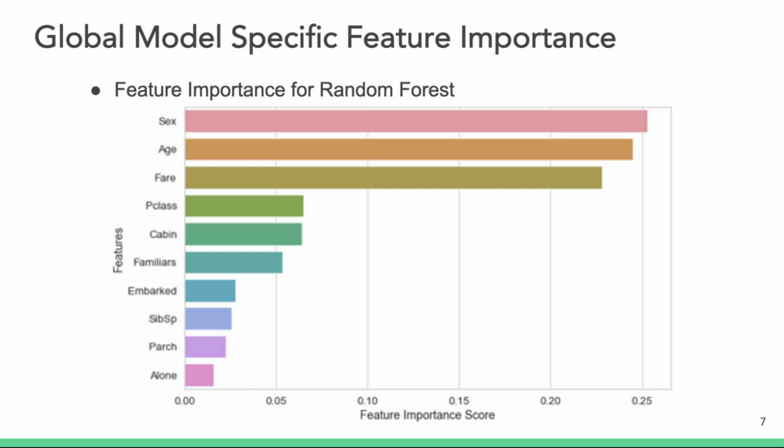You can see that the top predictors of the chances of survival are gender, followed by age, fare, and so forth. It is not a full explanation, but it is directionally helpful in understanding the logic of the model. The explanation is global because it is provided for the entire population. The explanation is also model-specific because it is a feature of random forests.